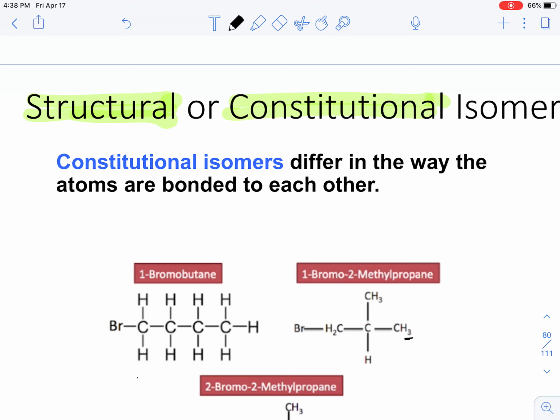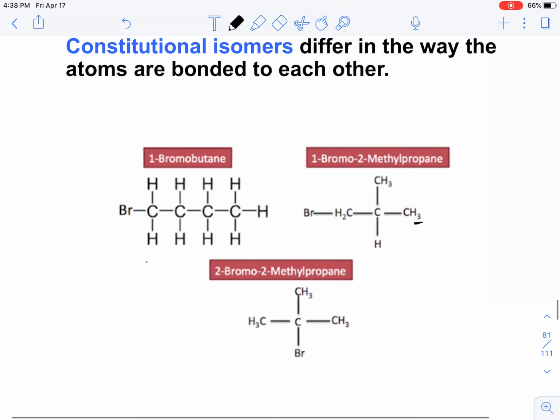Once again, we can determine whether or not these organic compounds are structural isomers of each other by simply counting the number of atoms per element and writing it as a chemical formula.